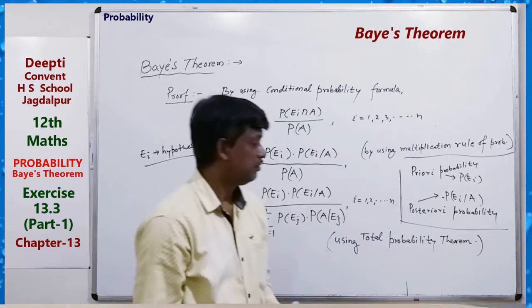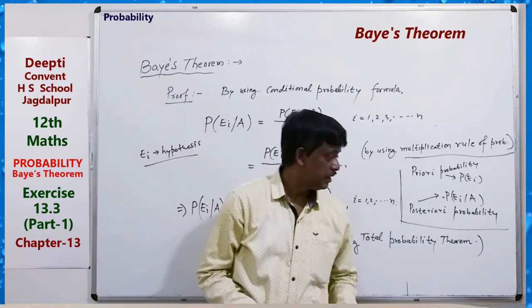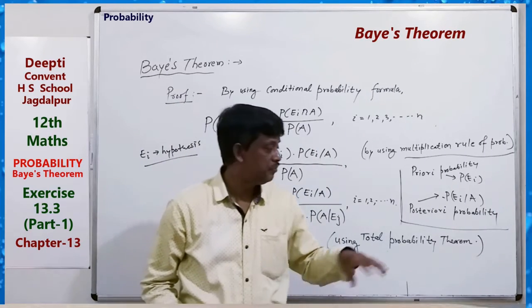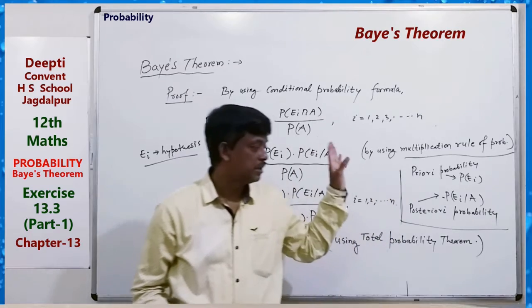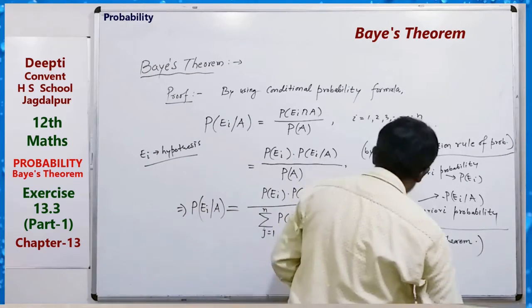The first question is: an urn contains 5 red balls and 5 black balls.